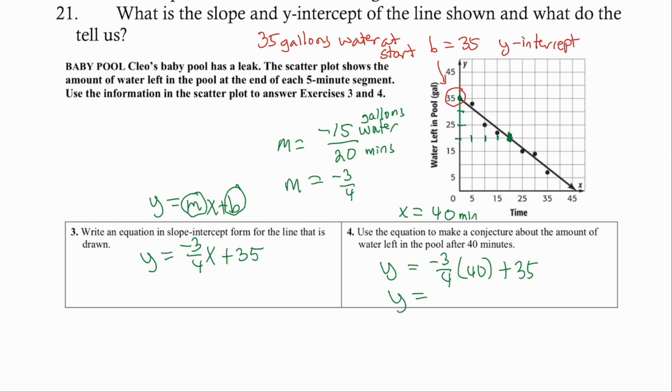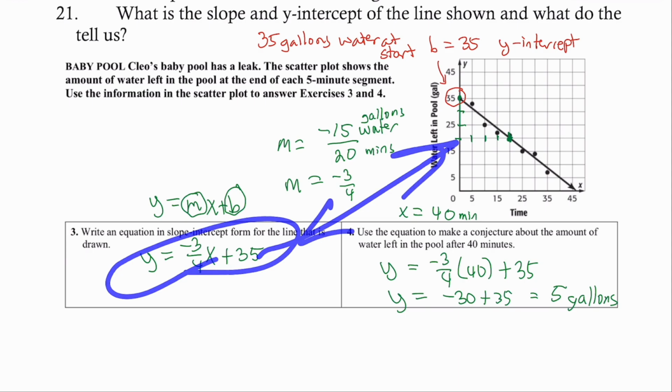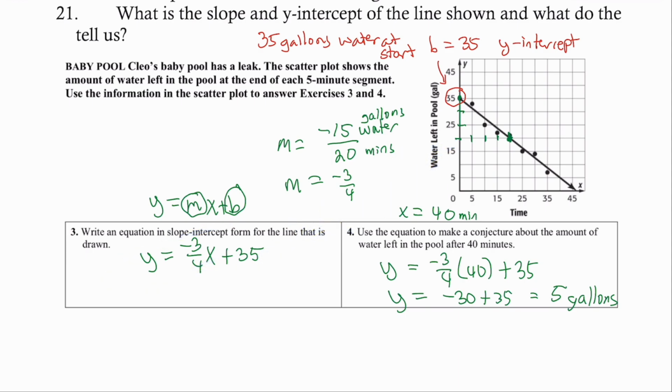Well, -3 times 40 is -120. Divide that by 4, get -30. Plus 35 is indeed 5 gallons. So your equation should match your graph. They should go hand in hand if you pulled the correct information out. So that is what you need to study for your Unit 2 exam.